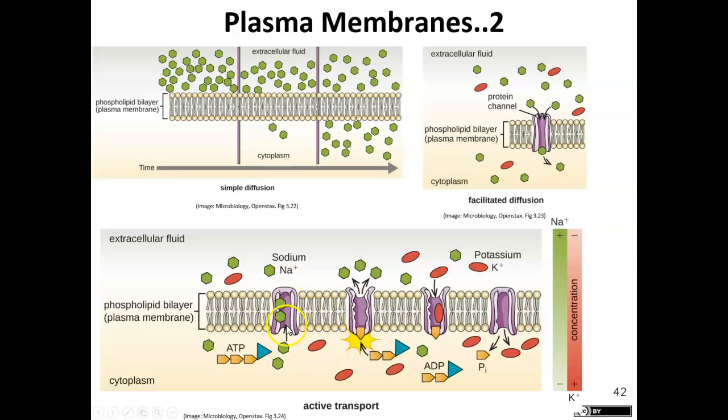So here we have a sodium-potassium pump in its relaxed form. In the relaxed form, 3 sodium ions can bind. And so I will mention that sodium is one of the most common extracellular ions, whereas potassium is one of the most common intracellular ions.